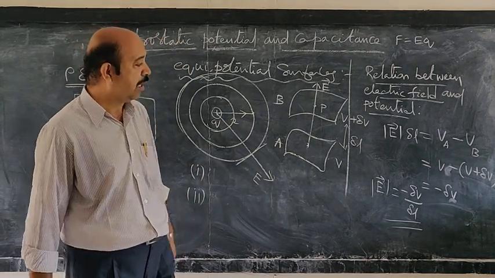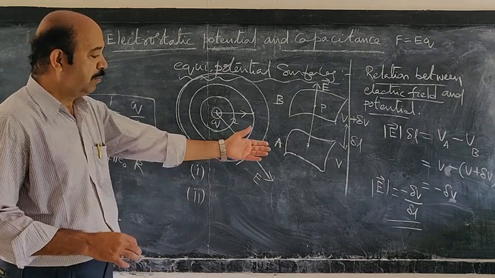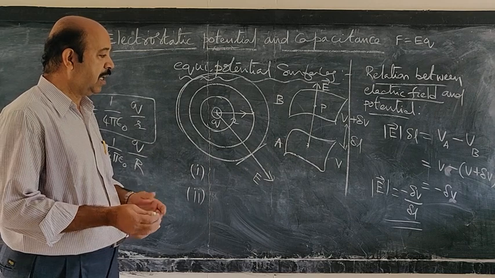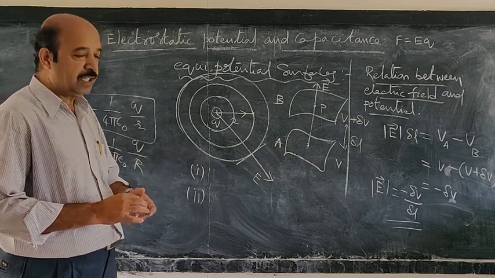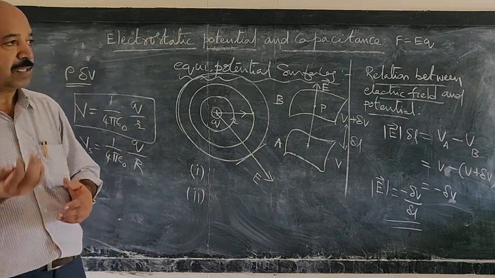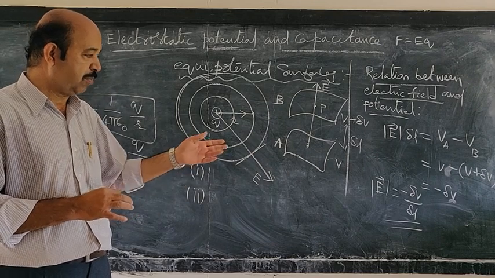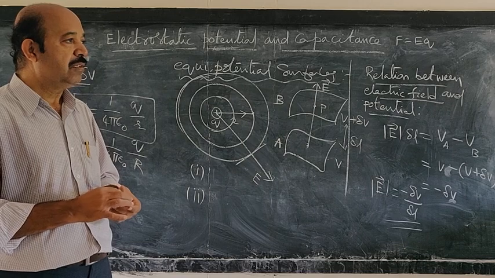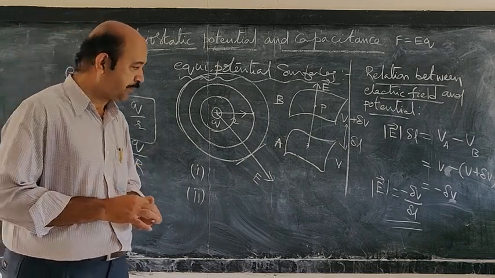So these two are the important points we can discuss from the particular equation. This is a very important 2 marks question, relation between electric field strength and electric potential. When we discuss capacitors also, we come across this relation. So this relation is very important to derive the expression for the capacitor.